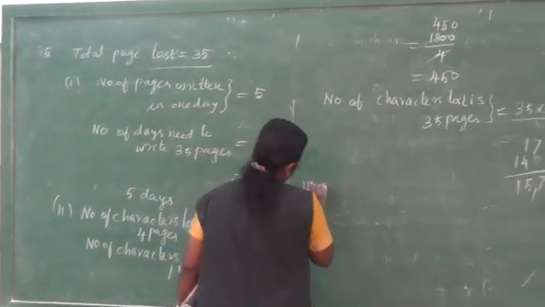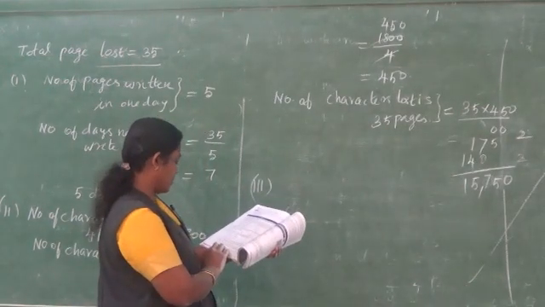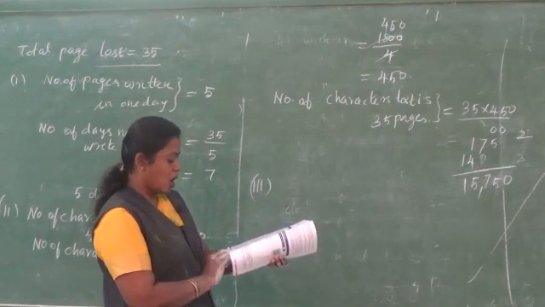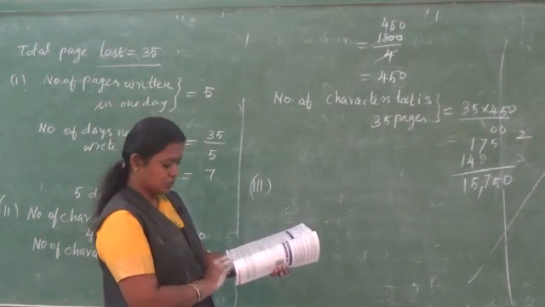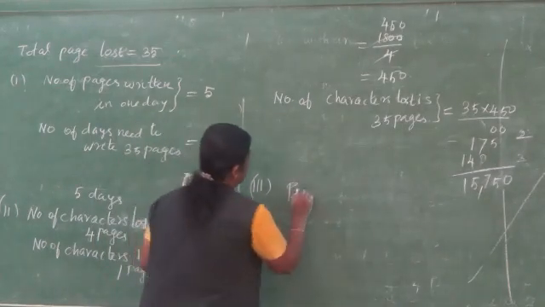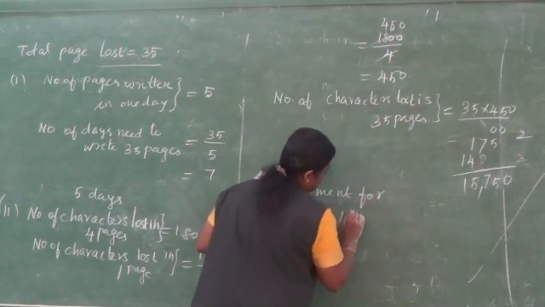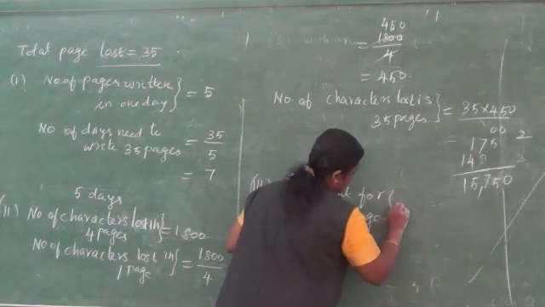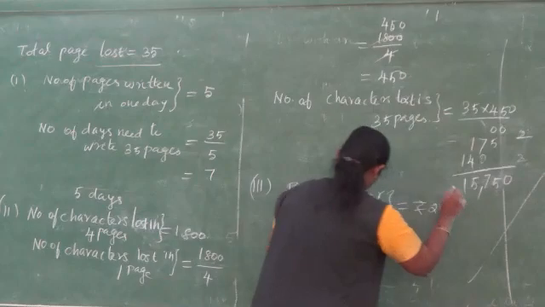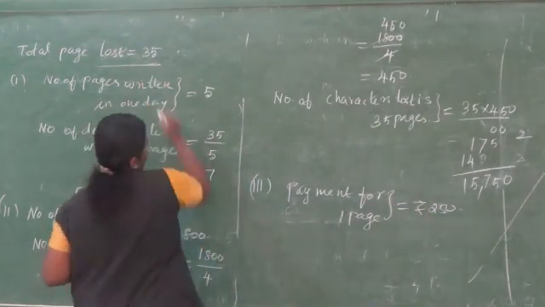Now, third option. If Tamil Nambi is paid rupees 250 for each page produced, how much money did he lose? So what is the payment for 1 page? Rupees 250. How much money did he lose? Now how many pages? 35 pages.